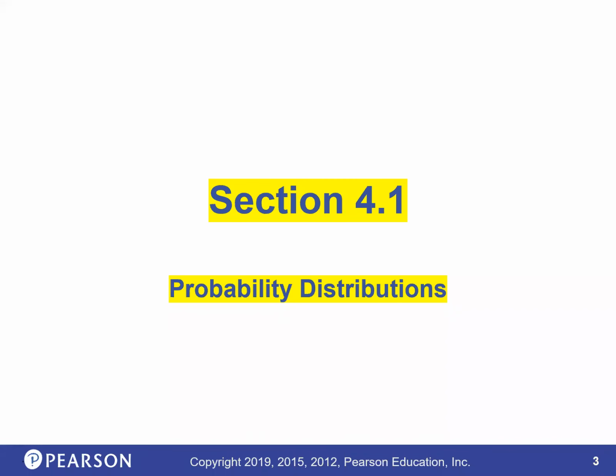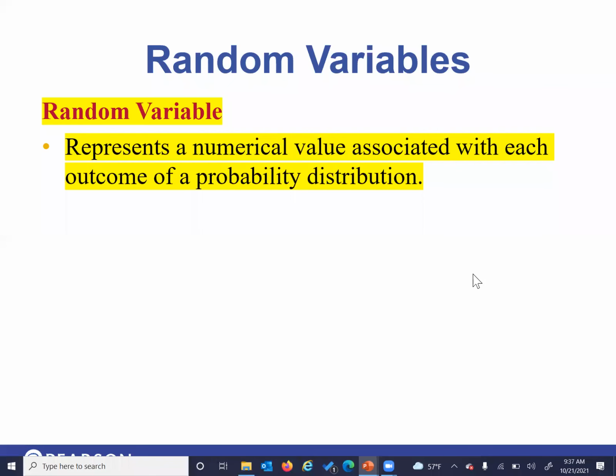All right, let's get some definitions now. Probability distribution, some definitions. First thing is the random variable. We're going to build our definition here.